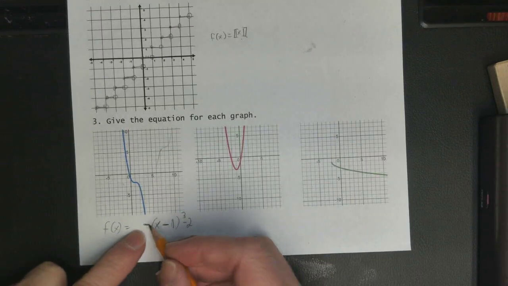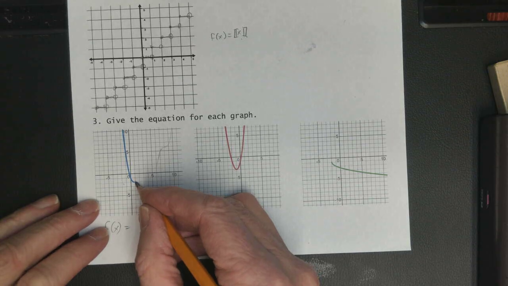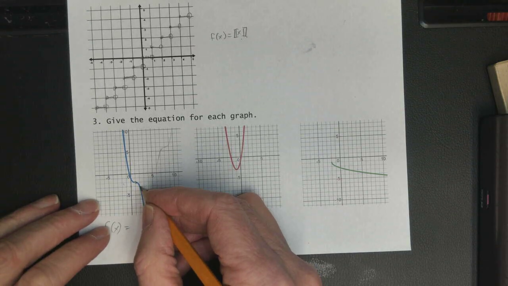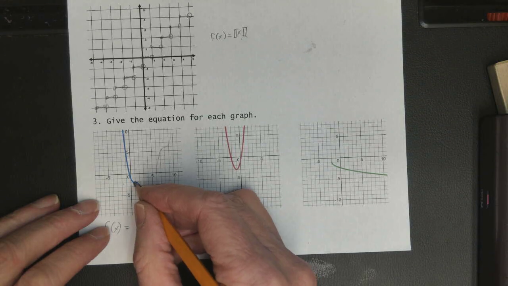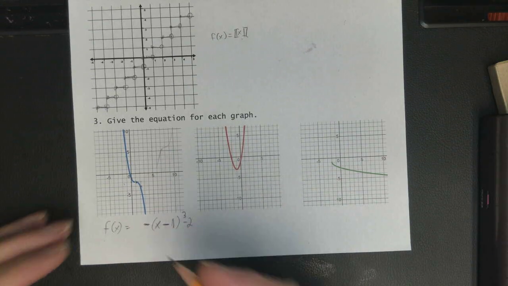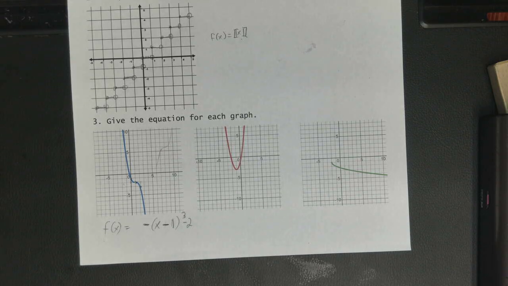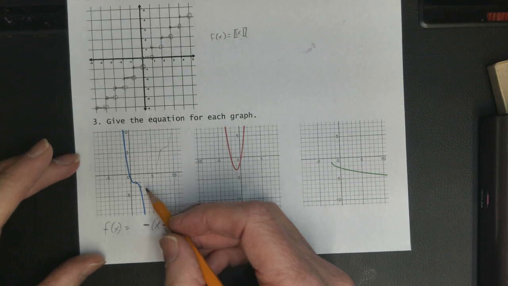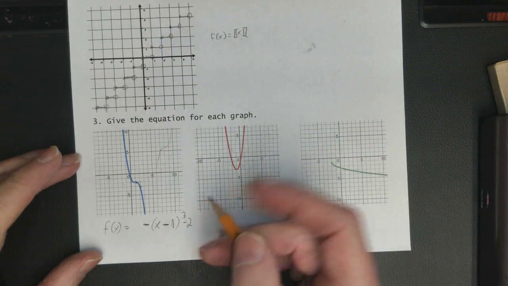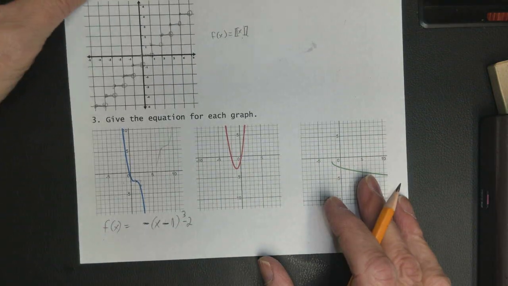Now I put a negative here. I don't know if there's a different factor here, but I don't think there is. If I go 1 unit right and 1 unit down, 1 unit left, 1 unit up, that's what would happen with the parent function. So there's no growth factor there.